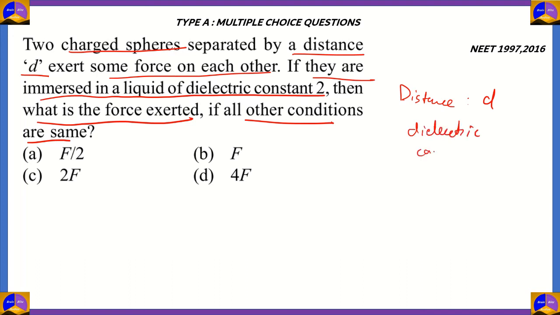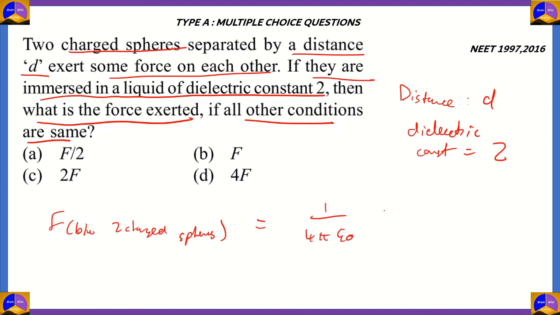The dielectric constant is 2. So we'll apply the force between two charged spheres as 1 by 4 pi epsilon naught q1 q2 divided by r squared, because r is the same for the two charged spheres. Now this is the formula for free space.